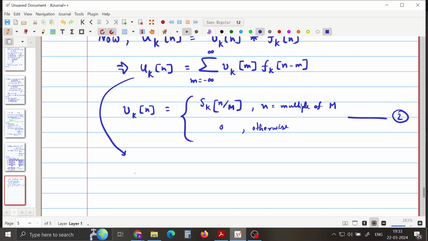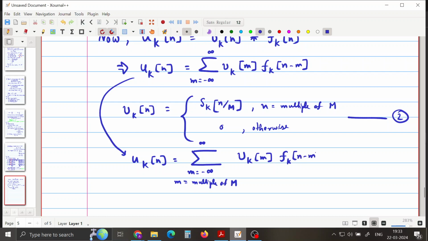So I am putting this additional constraint on the index of the summation. Small m is the index of the summation, m running from minus infinity to infinity, and also m being a multiple of capital M. Then I have Vk of m and Fk of n minus m, correct?